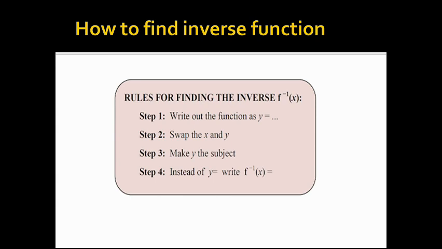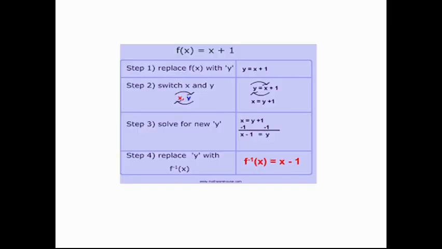The first step is to write out the function as y equals whatever the function is. The second step, swap x and y. The third step, make y the subject. And step 4, instead of y, write f inverse of x. And I will explain these rules with an example.